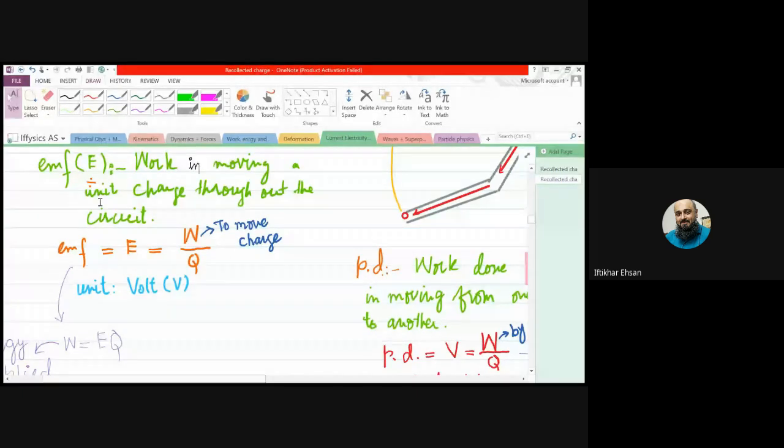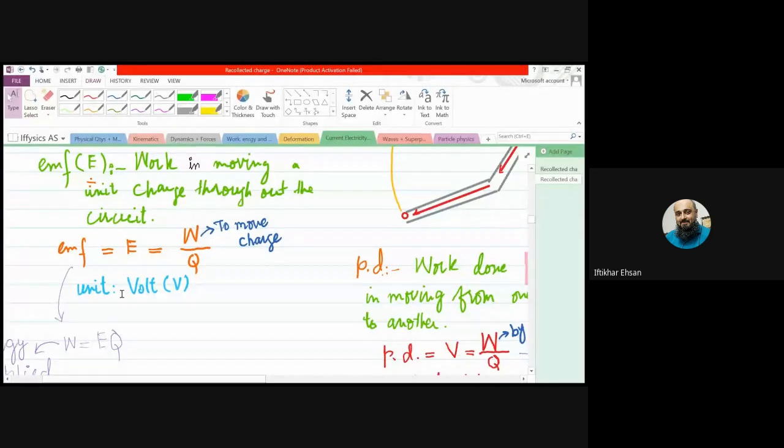Or better, how do you define EMF? Whenever we use the word unit, it usually means divide. So work divided by charge, W divided by charge, is EMF. This is the work done in moving a charge. And the unit of EMF is volt.